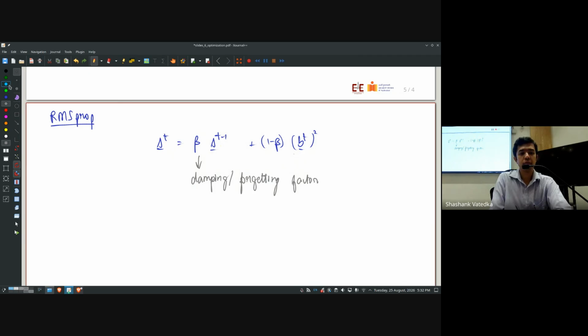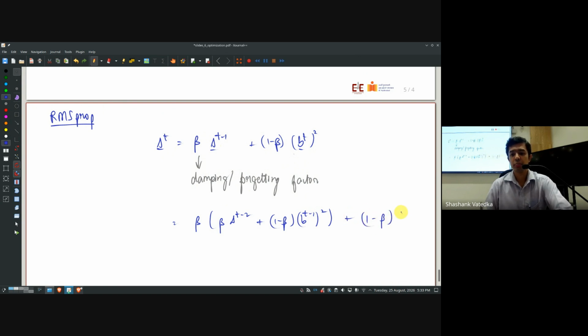If you look at this more carefully, then S_t is equal to beta times S_{t-2} plus (1 minus beta) times b_{t-1} squared, plus (1 minus beta) times b_t squared, which is beta squared S_{t-2} plus (1 minus beta) times b_{t-1} squared plus (1 minus beta) times b_t squared.